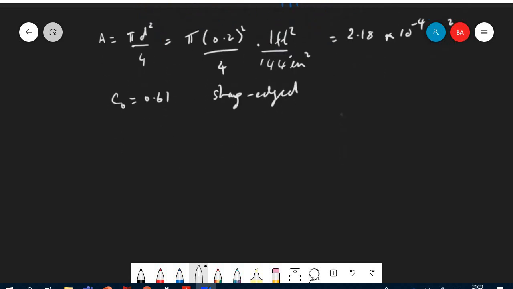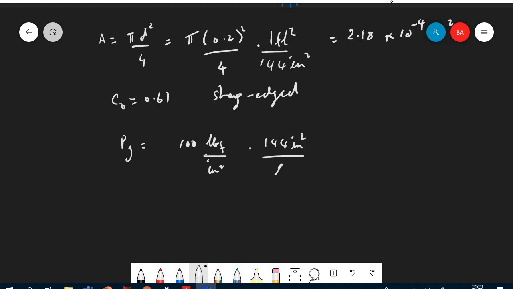What about P? PG is equal to 100 pound per inch square, and I'm going to convert that to pound per feet square.